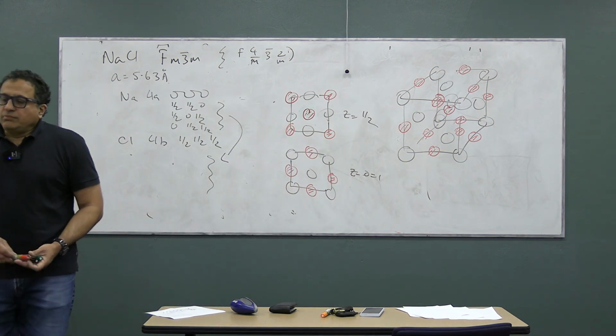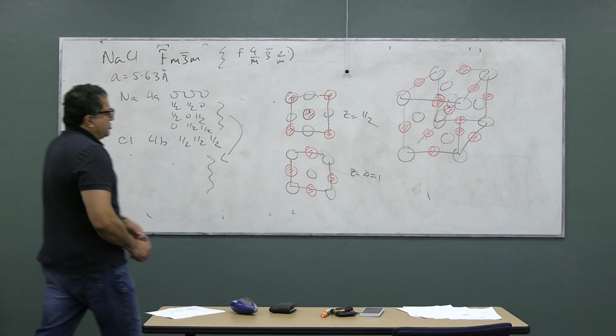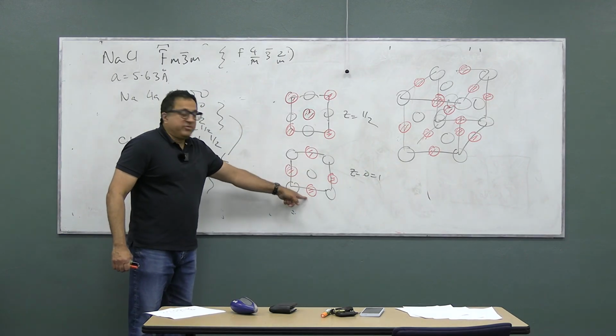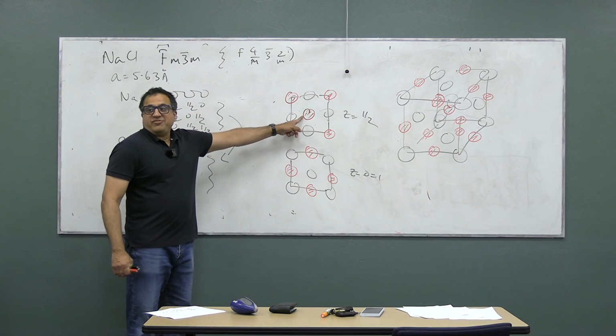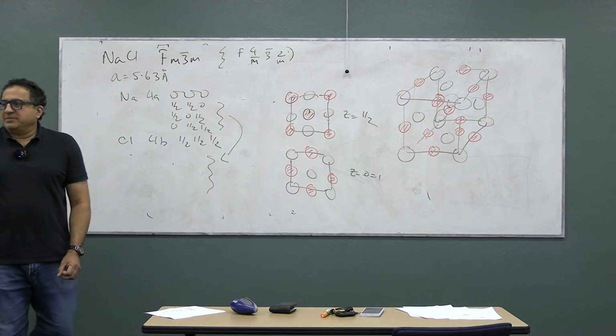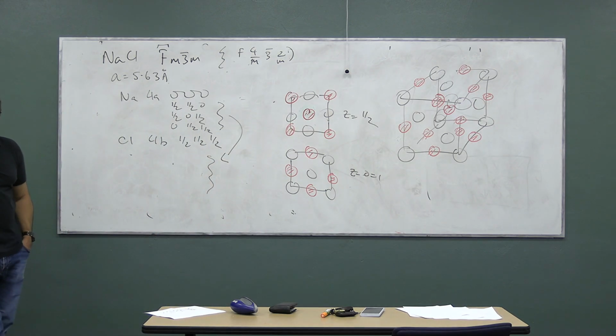Okay? How many neighbors does each sodium have? Look at this sodium, neighbor 1, neighbor 2, neighbor 3, neighbor 4, neighbor 5, and 1 below, 6. Chloride would be identical. You get the 6 neighbors? And if you actually draw out the polyhedra, you'll see the polyhedra are edge shared in this case.